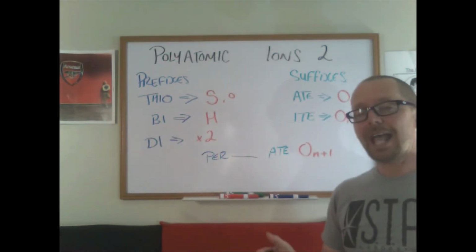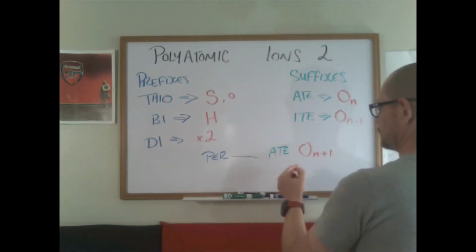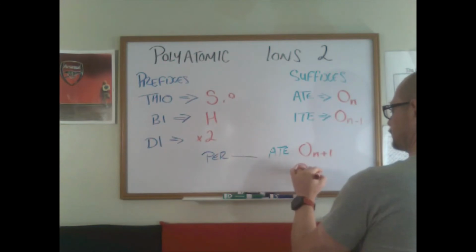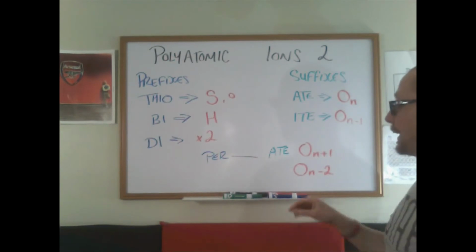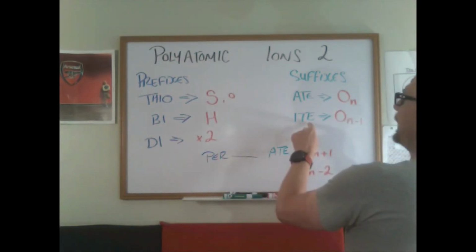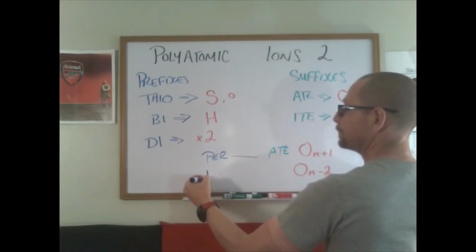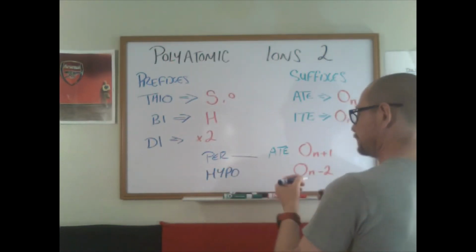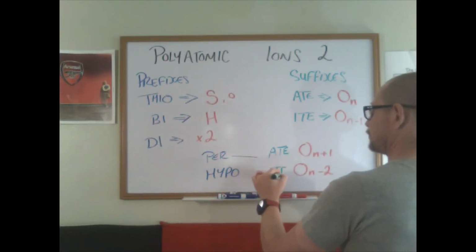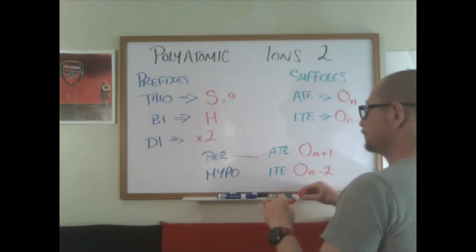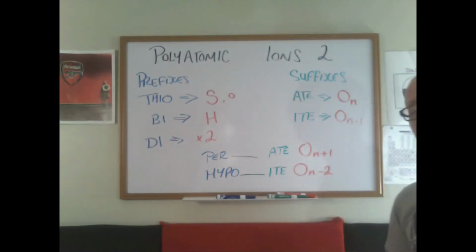And then if we have N minus 2, then what I've got here is I take the -ite form and I add a prefix and I become hypo-. Okay.